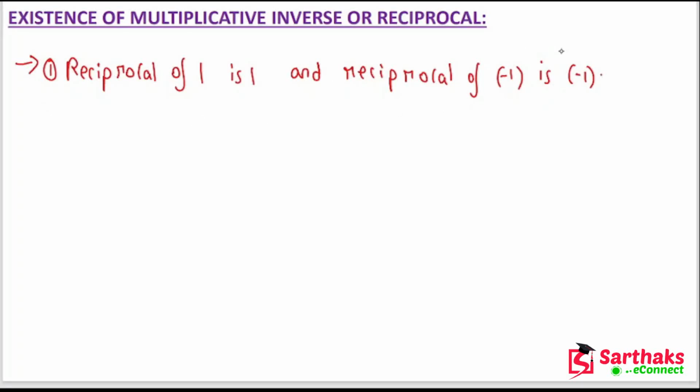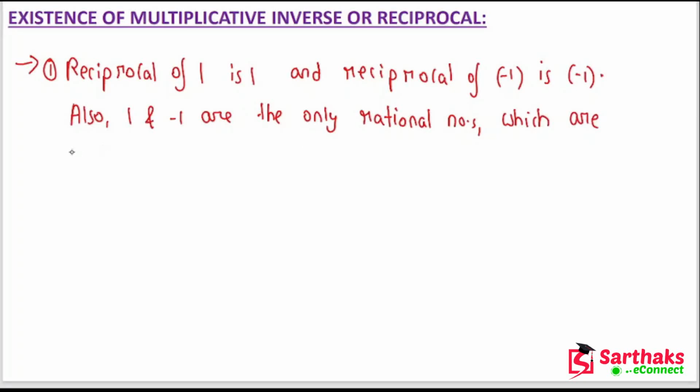And 1 and -1 are the only rational numbers which are reciprocals of themselves.